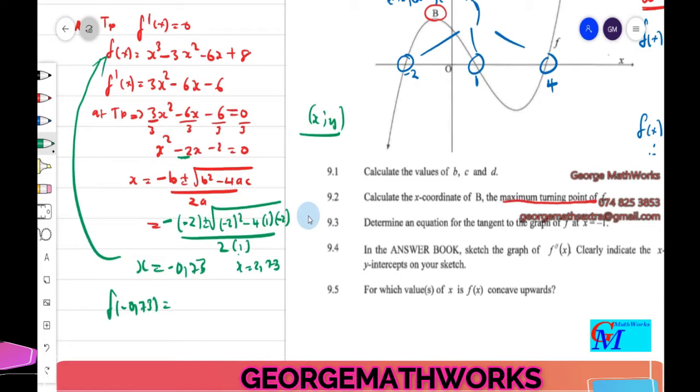Wherever there is x, I put minus 0.73 cubed minus 3 by negative 0.73 squared minus 6 by negative 0.73, then plus 8. If you punch this in a calculator, you get 10.39. So the coordinates of B can be found as negative 0.73 and 10.39.